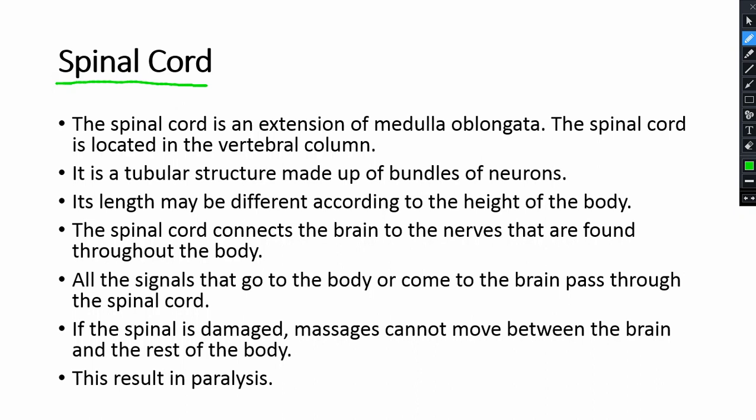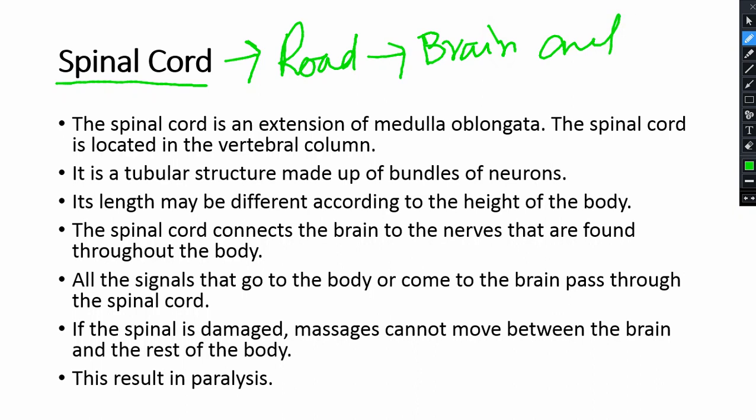So in easy words, if I say, it is like a road that is between the brain and body.